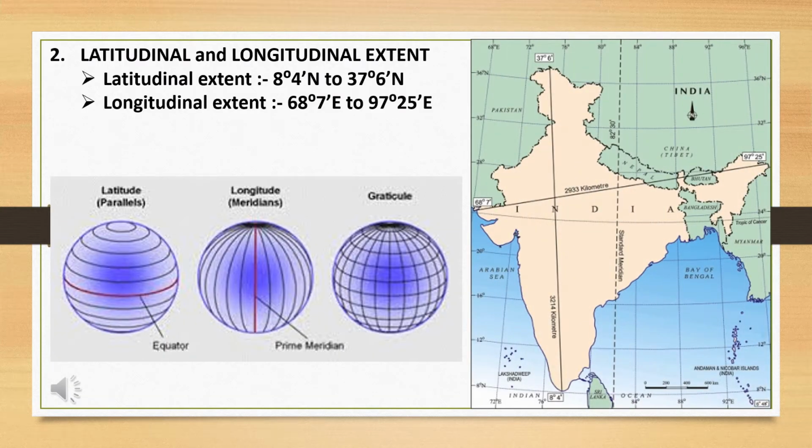Students, as you all know that latitudes and longitudes together help us to locate a place on the globe. But while locating a place on the globe, you have to keep two things in mind. Number one, that if you are locating a point on a globe, you will be needing one latitudinal value and one longitudinal value.